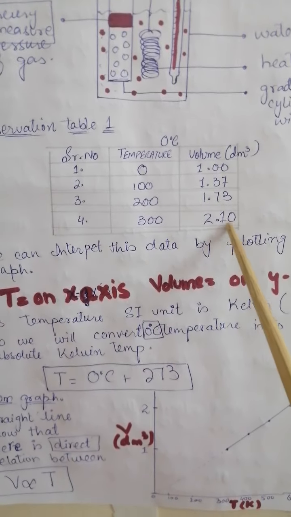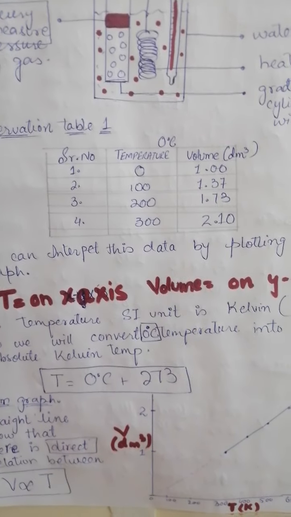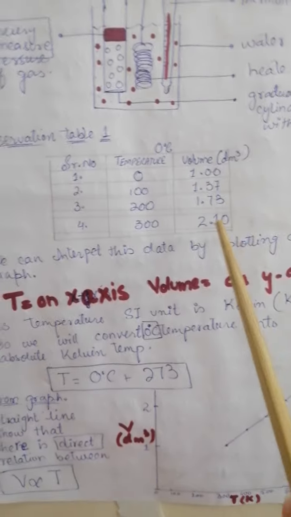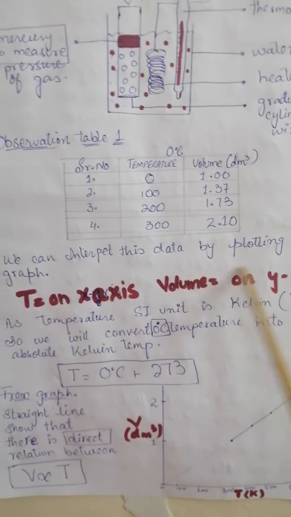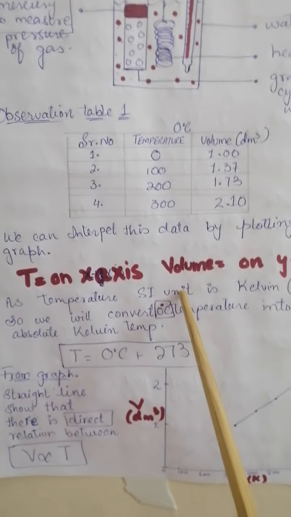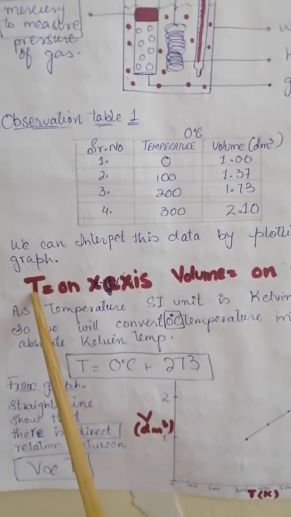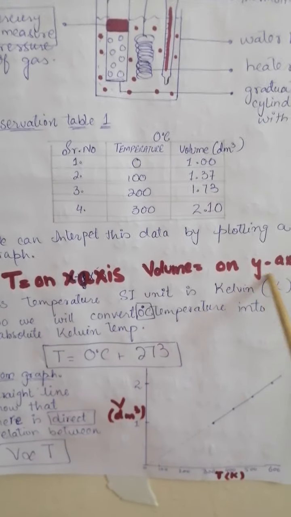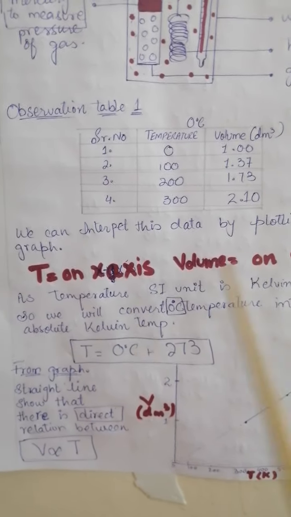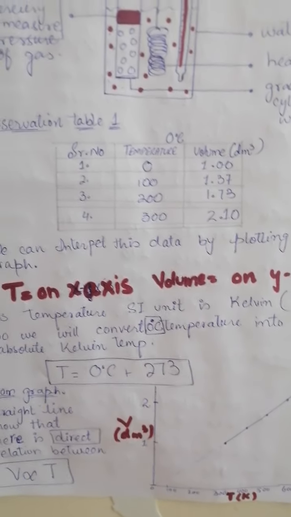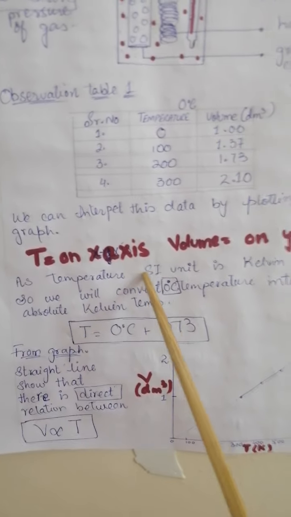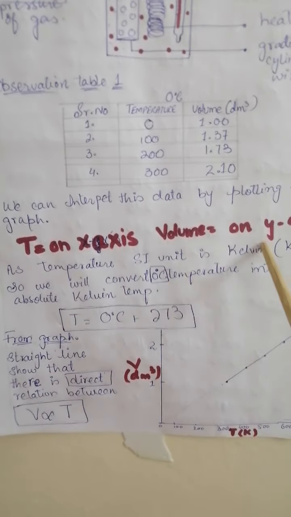To make it clearer, with the help of a theoretical approach, we interpret this data in the form of a graph. To do this, we take temperature on the x-axis and volume on the y-axis. But before drawing our graph, always remember that the SI unit of temperature is Kelvin.